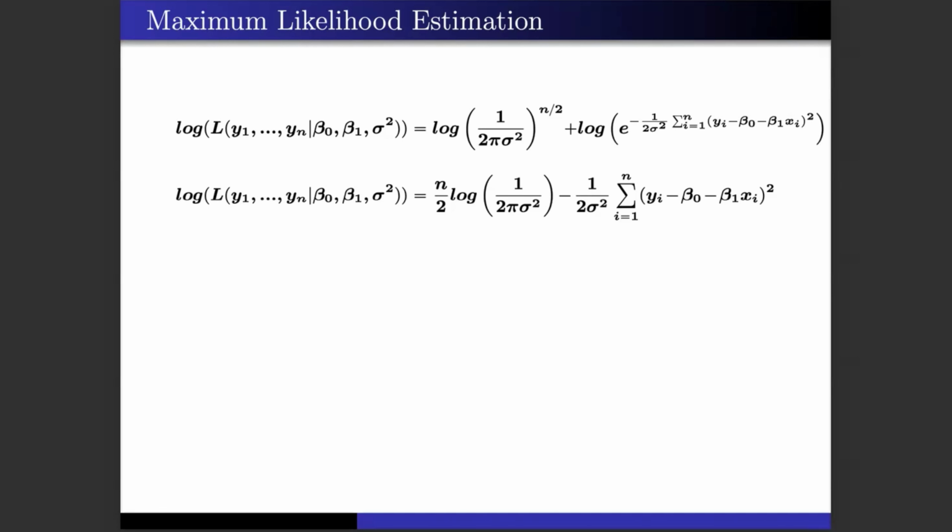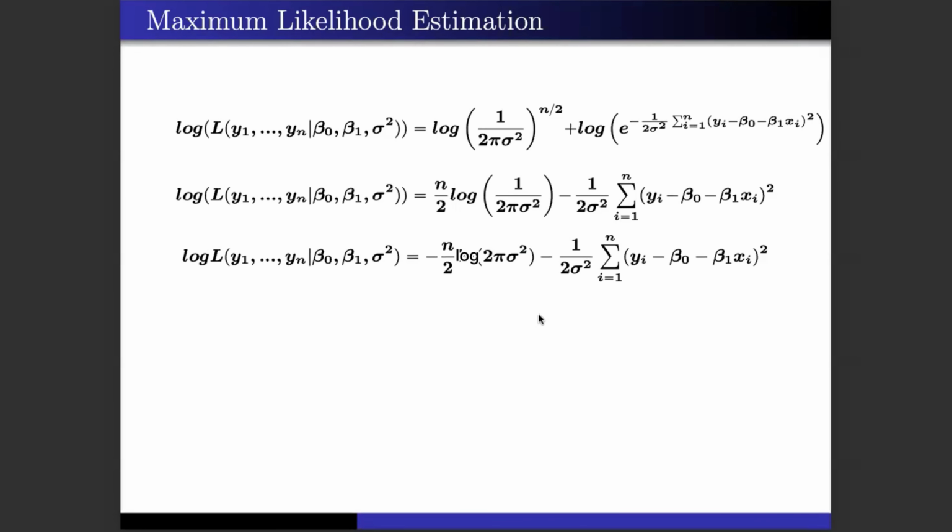Here we use the result that log e to the power x is equal to x. So we get log of exponential of this function to be equal to minus 1 divided by 2 sigma square summation yi minus beta naught minus beta 1 xi whole square. We can further simplify it by writing the first term log 1 divided by 2 pi sigma square as negative log 2 pi sigma square. And we write the second term as it is.